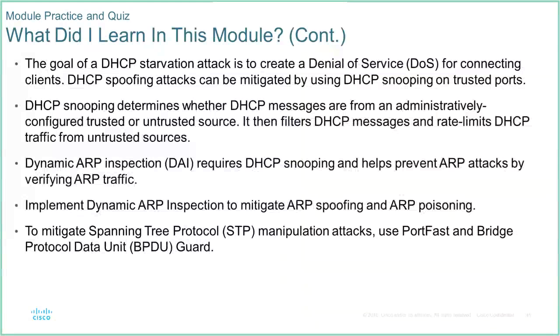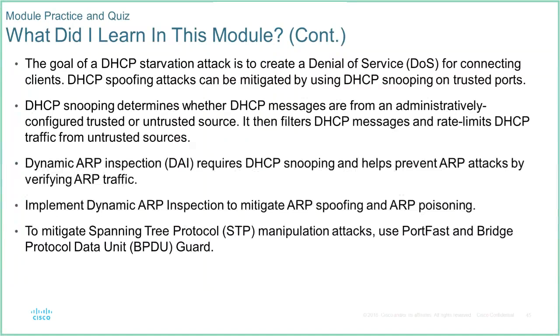Everything else is basically not trusted, and what we want to see is messages coming in on the various VLANs, but we want to limit the frequency of those messages from those ports so that we don't get a flood of messages hitting our server, effectively denying us of our DHCP service.